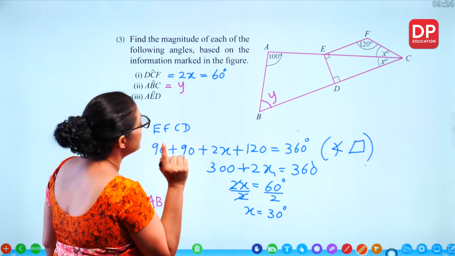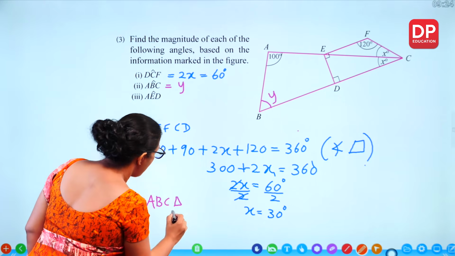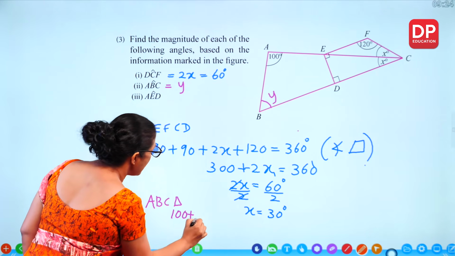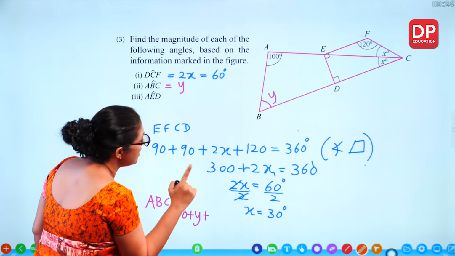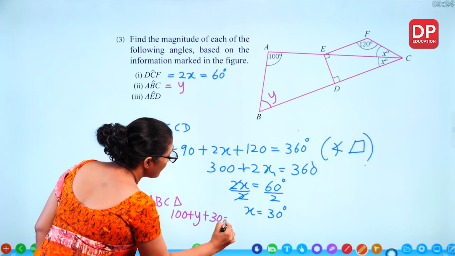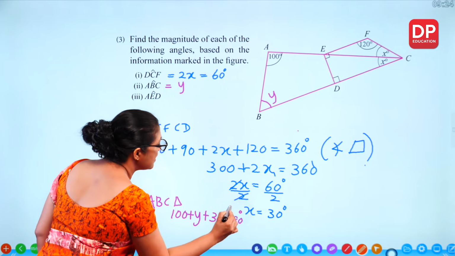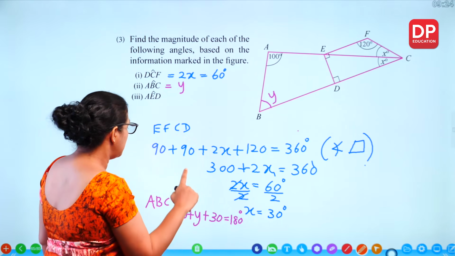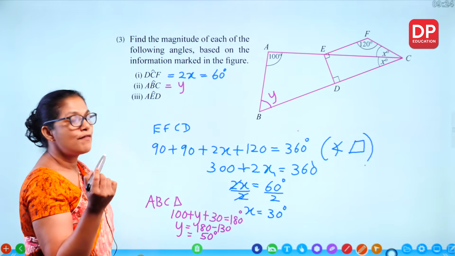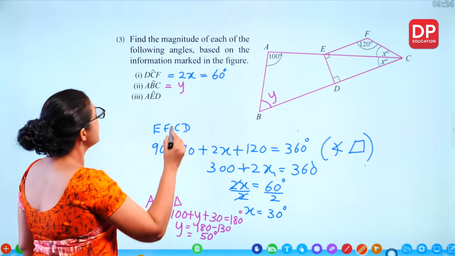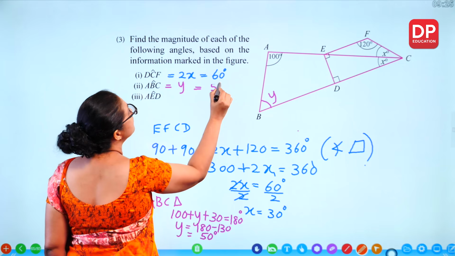So 100 plus y plus x. X is 30 degrees. That's equal to 180. It's a triangle. 100 plus 30, 130. When you subtract 130 from 180, you get the y value. That's 50 degrees. Y is 50 degrees.